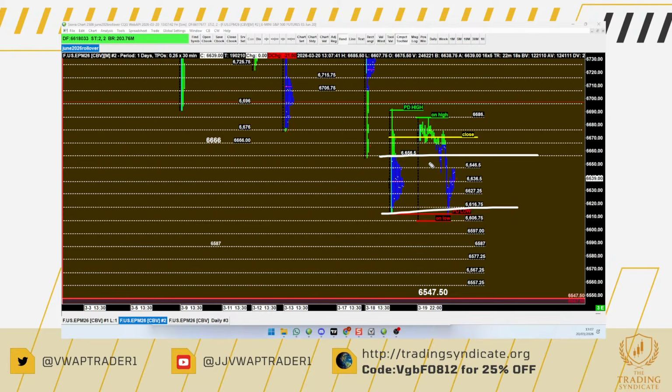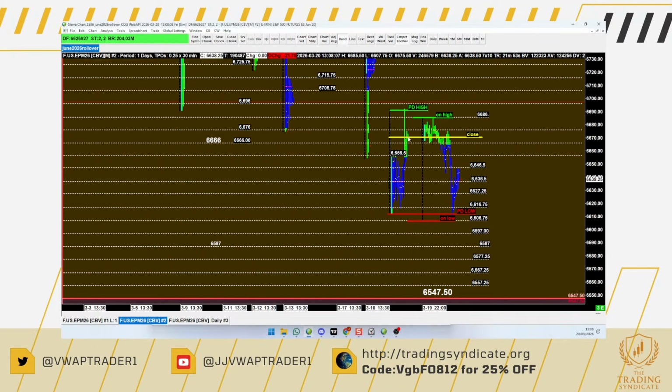So we are going to open inside yesterday's range, inside yesterday's value area, which I call cost basis. So that means business as usual. The trades we're going to be taking are going to be back and forth trades that we would have taken yesterday in cost basis. Yesterday's cost basis laid out the groundwork, showed us where the sellers are, where the buyers are, all of that. So all we have to do is follow that today.